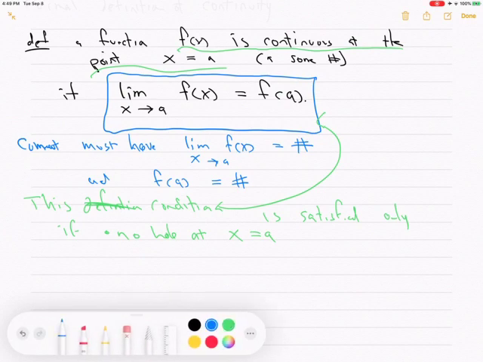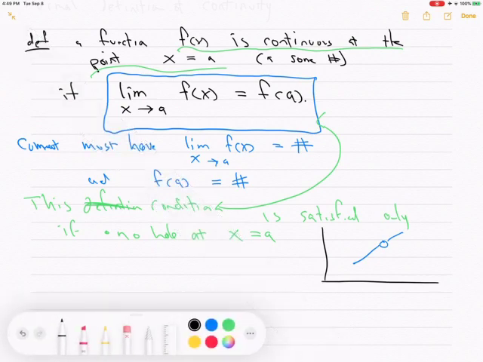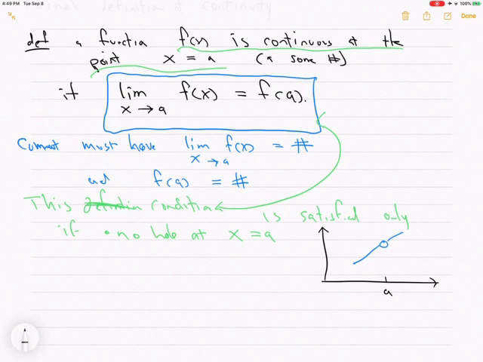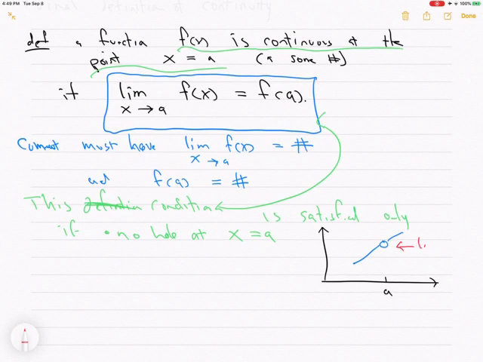Because a hole, there are two ways you can have a hole. One way would just be you just have this hole here, and so if this is a, the limit is limiting towards the hole. So that's the limit is taking you to the hole, but f of a does not exist.